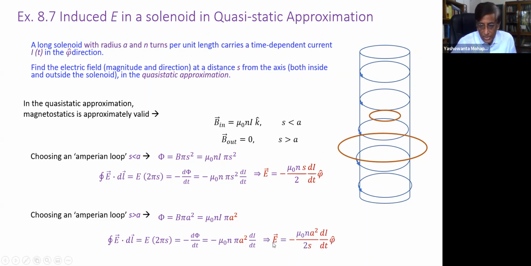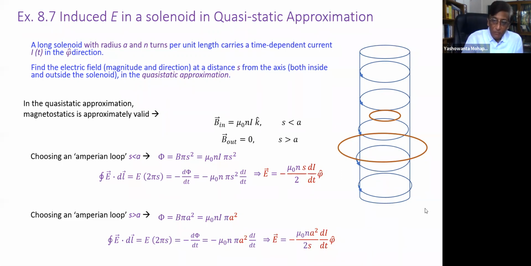Now you can see the electric field magnitude is falling off as 1 by s outside. Everywhere it is still in the phi direction, but the strength of the induced electric field is falling off as 1 by s. The strength of the induced electric field inside the coil is linearly changing with s. The direction is phi in both cases.